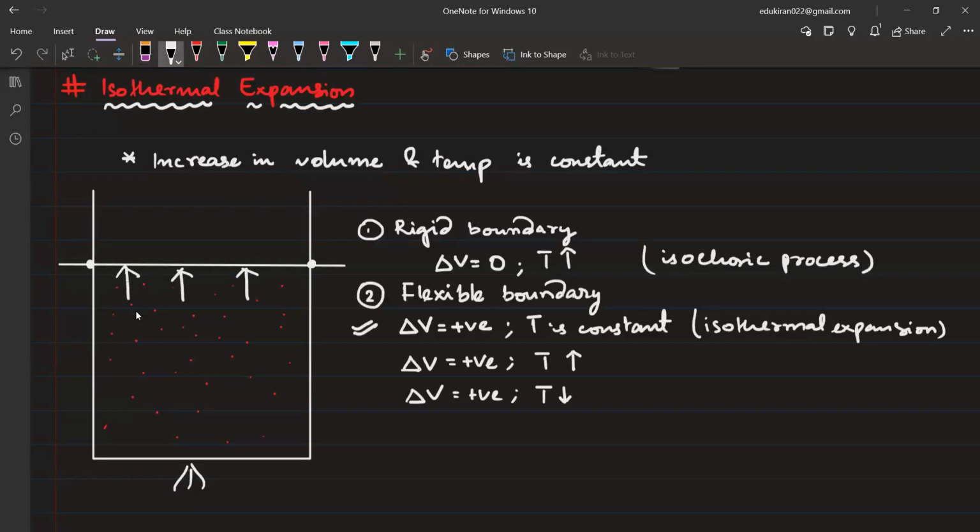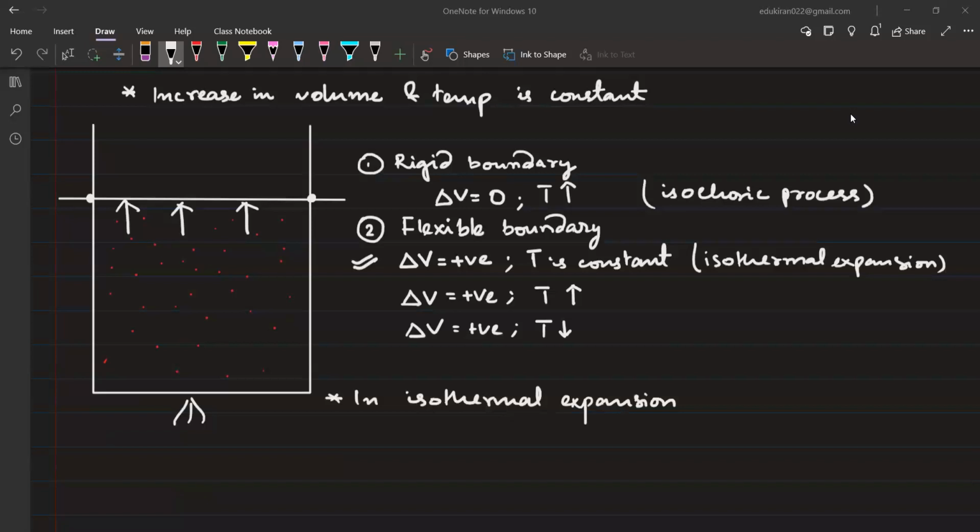That means in isothermal expansion, internal energy does not change. Internal energy is constant, because whatever energy you are giving, the system is doing work and spending that energy.